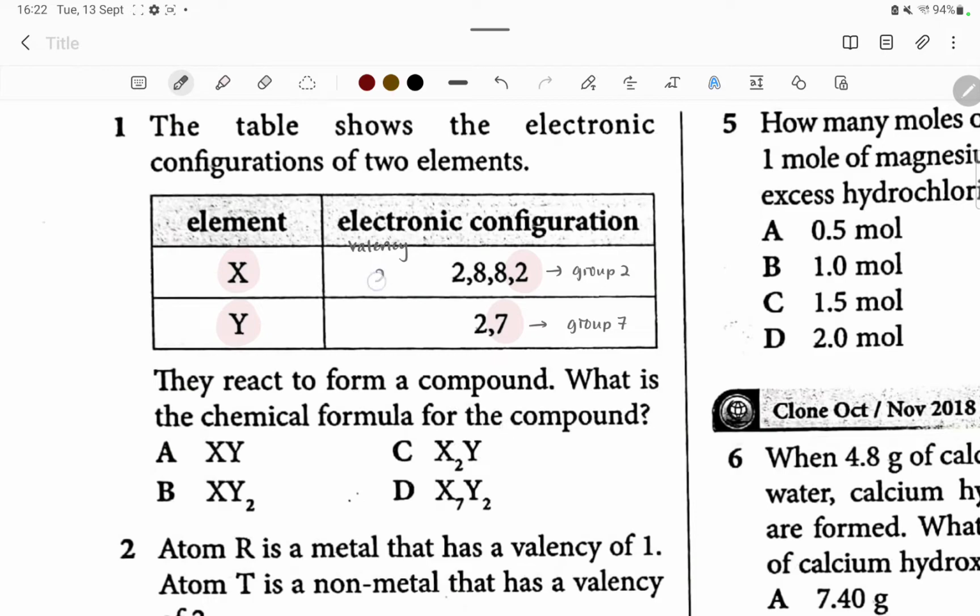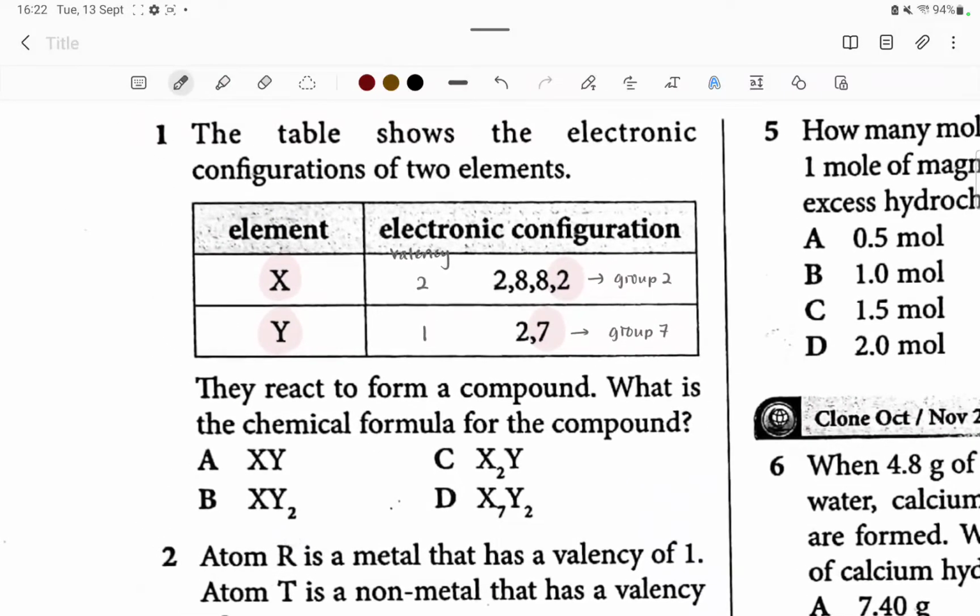X should be 2, Y should be 1, because for group 2, they need to donate 2 electrons to achieve the stable noble gas electronic configuration while Y, group 7, they need to receive 1. So the valency is 1.